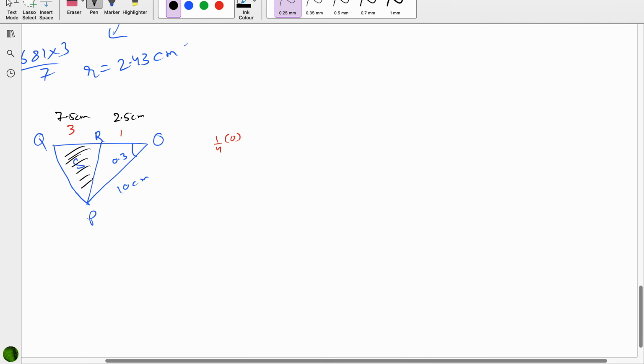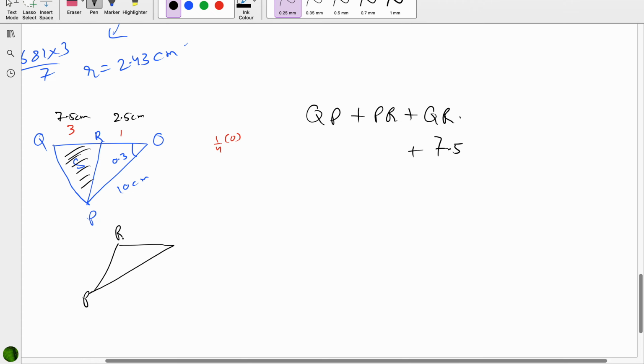So for perimeter there are three sides, QP plus PR plus QR. I already have QR, that is 7.5. For PR I'm going to use the cosine rule. So this is PR, that is unknown. Angle is 0.3. One of the sides is 10, the other side is 2.5.